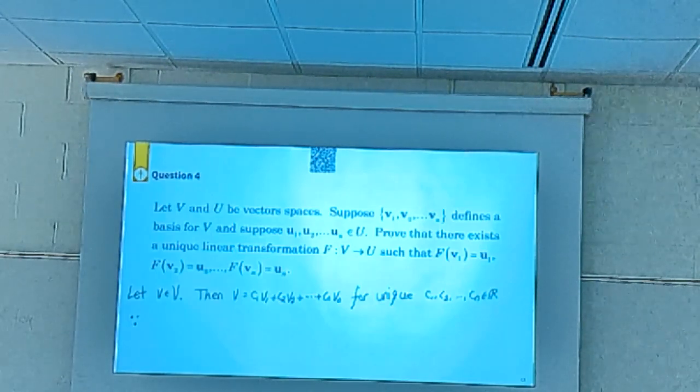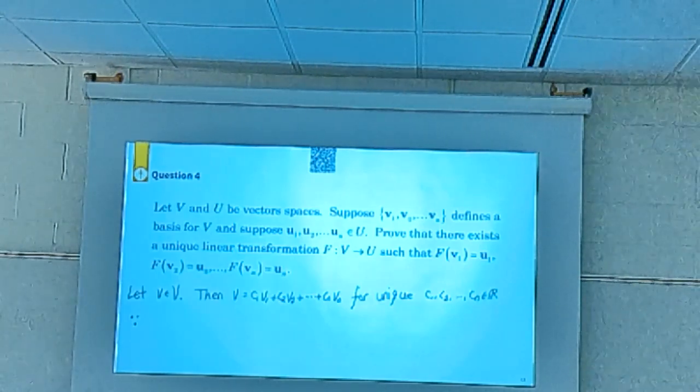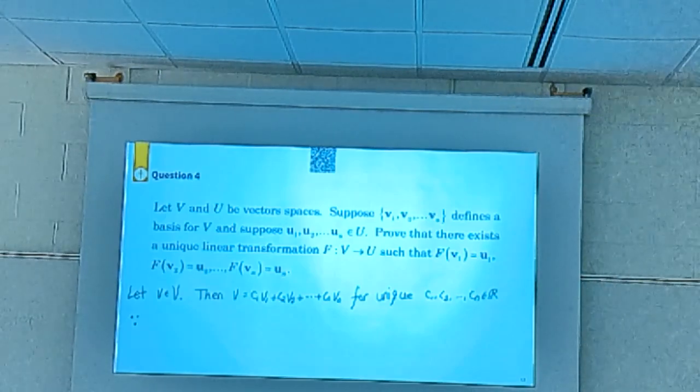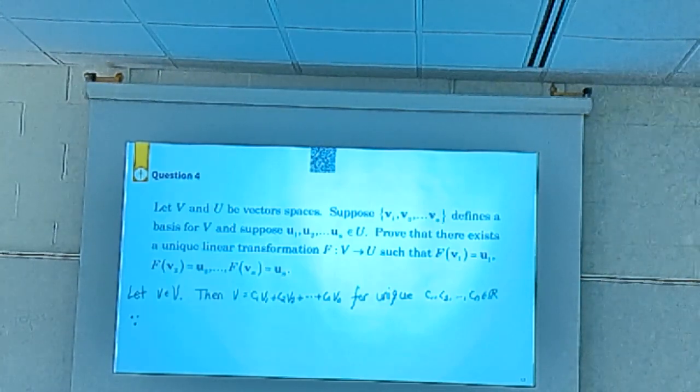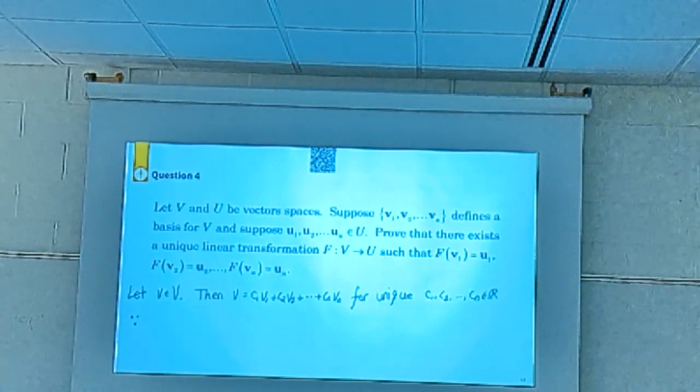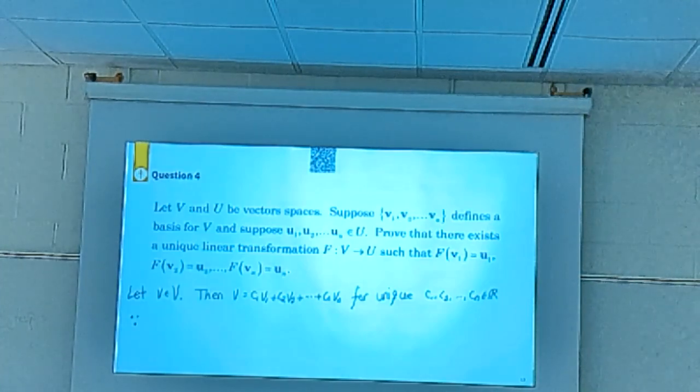Good. Because it was defined that V1, V2 through Vn is a basis. That is the very definition of a basis. Every vector is a unique linear combination of the elements in the basis.